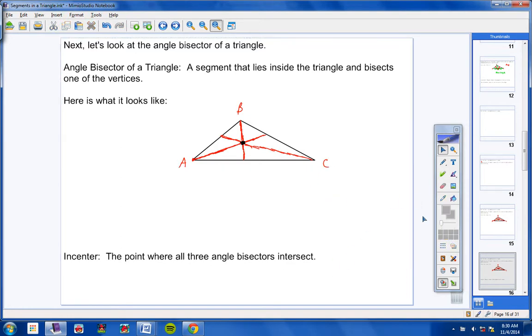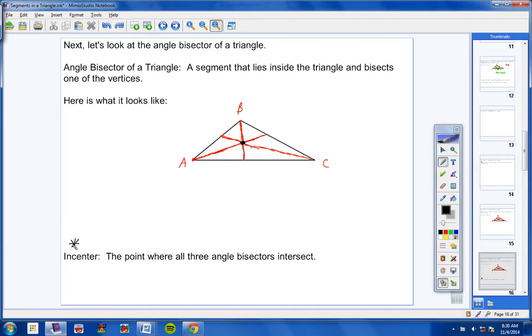This point, students, this black point, is called the incenter, okay? The incenter. And it's the point where all three angle bisectors intersect. And you do need to know this for tests and quizzes, okay? So write that in your notes, please.